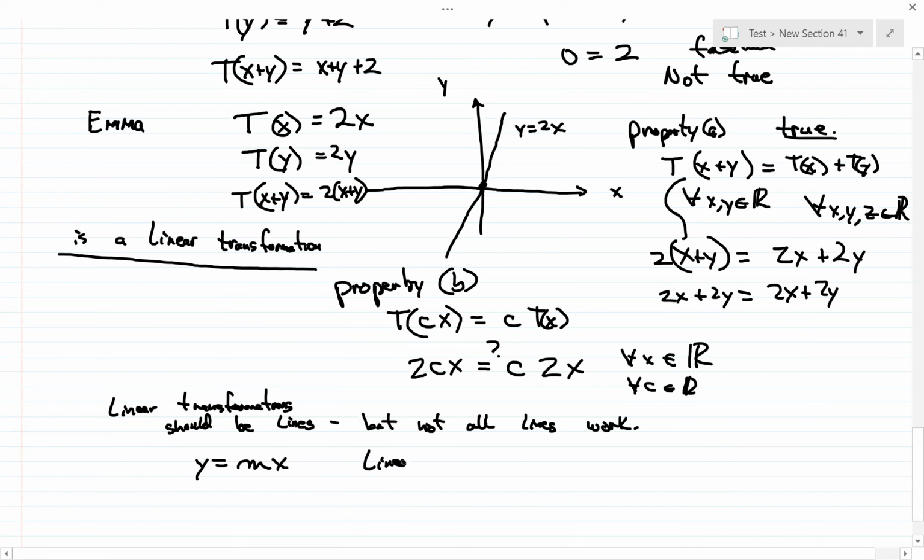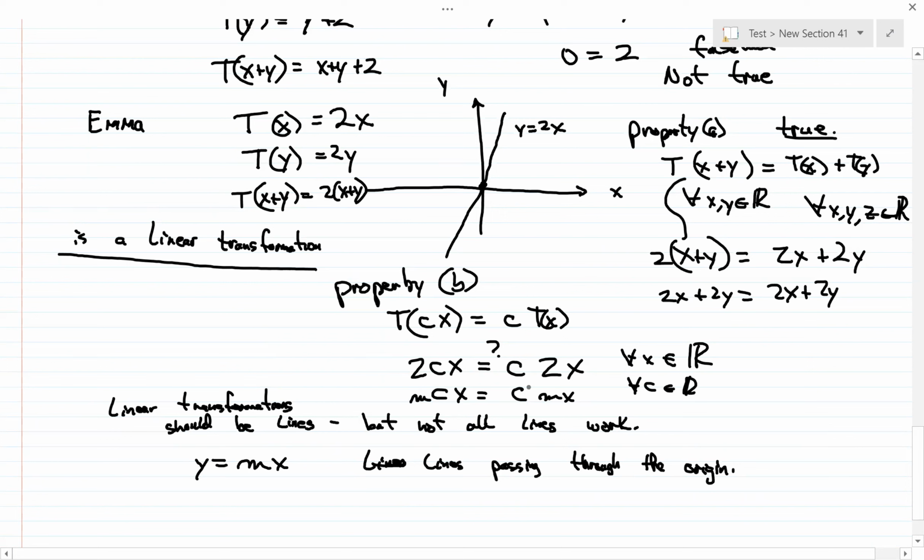Lines passing through the origin. I'll let you verify that any line like that works. It's pretty much what we did above. Instead of 2, as Emma had, you would have m of cx equals what? c times mx. So there's the verification.